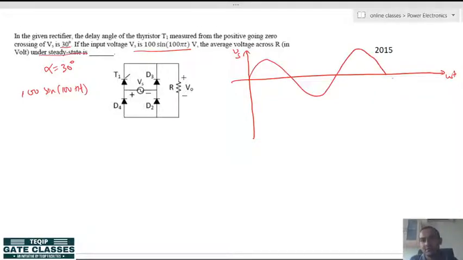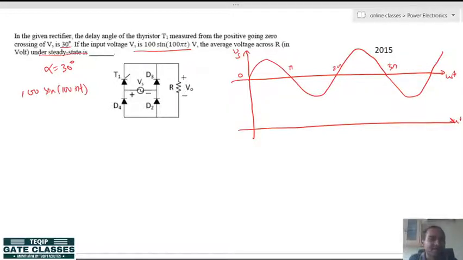Now, if you draw the input cycle, the input source voltage is like this: 0, pi, 2 pi, 3 pi and so on. The thyristor will be active only in the positive cycle, so we make the firing angle only in the positive half of the input sine wave and not in the negative half. Now let us draw the output voltage waveform.